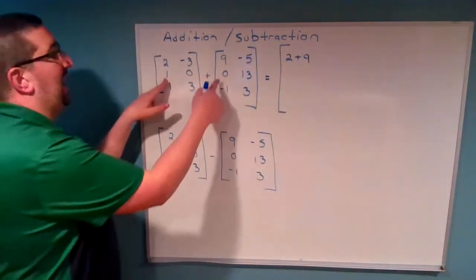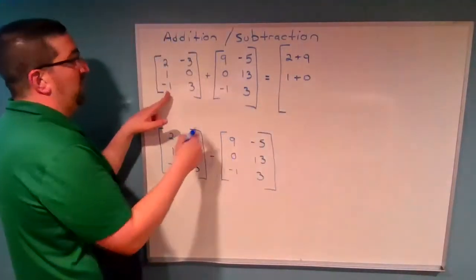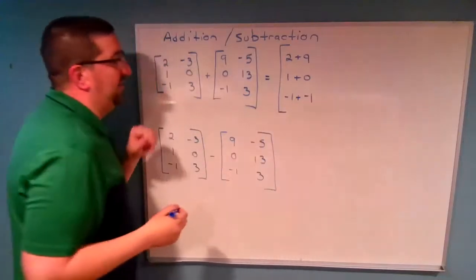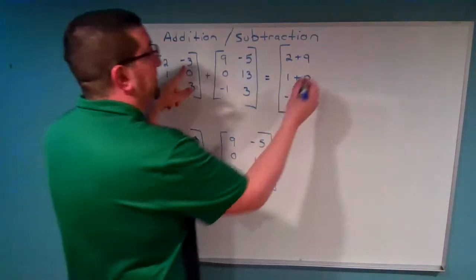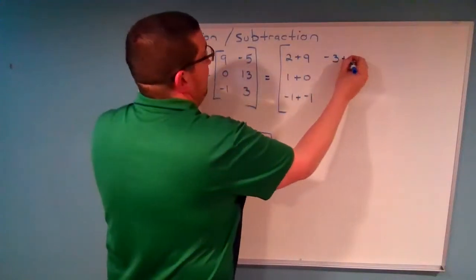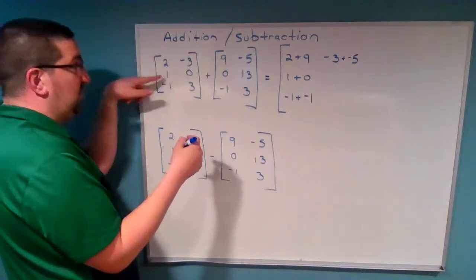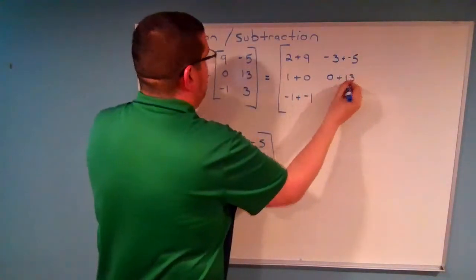Then row 2, column 1 would be 1 plus 0. Row 3, column 1 would be -1 plus -1. Then row 1, column 2 would be -3 plus -5. Row 2, column 2 would be 0 plus 13.